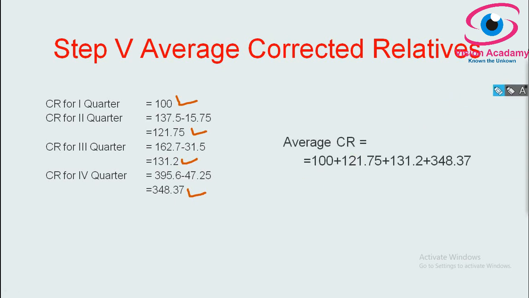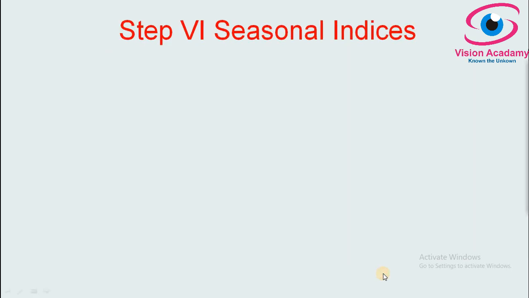So 100, 121.75, 131.2, 348.37. When we add all together, we get 701.32, and since there are 4 quarters, divided by 4, the average, also the general average, is 175.33. Now we shall move on to the last step, that is finding seasonal indices.